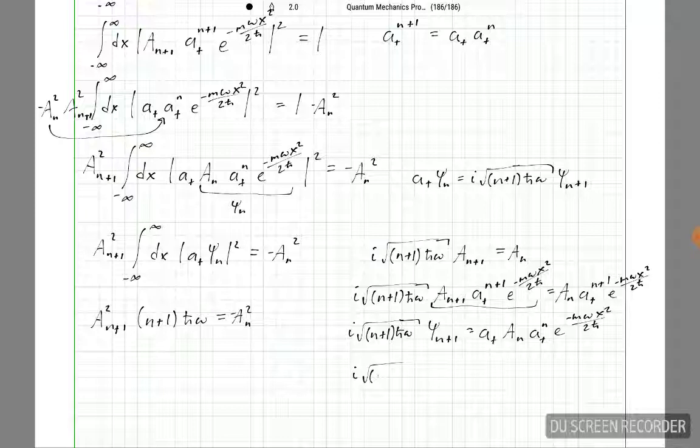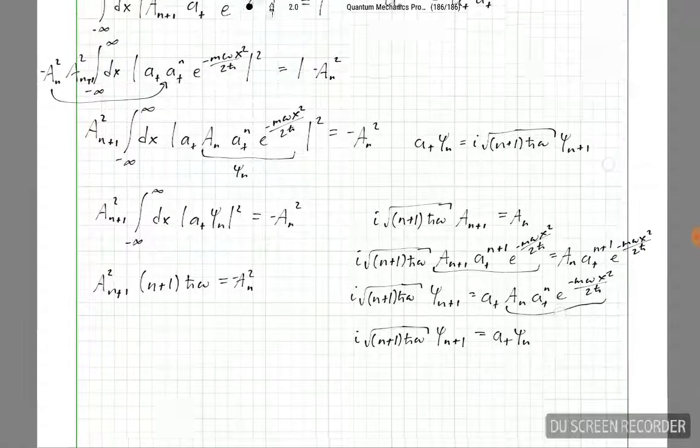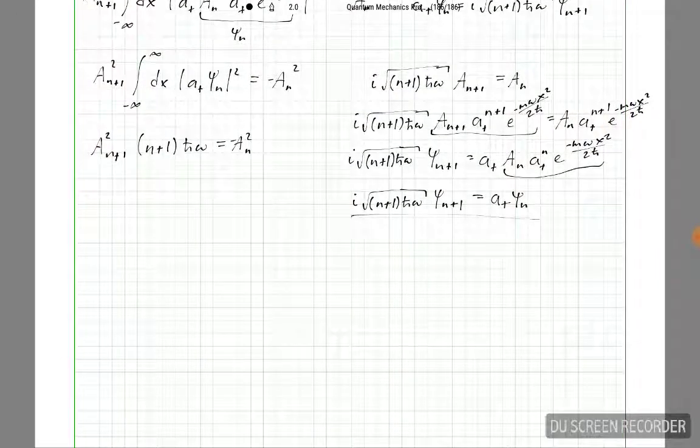And what I get is this really nice scaling factor, which tells me, because this is just psi n, that if I apply a raising operator to psi n, I get i times the square root of n plus 1 h bar omega, all under the square root, times the next highest energy level wave function. That's 1.